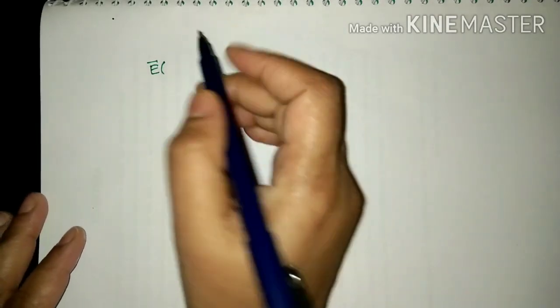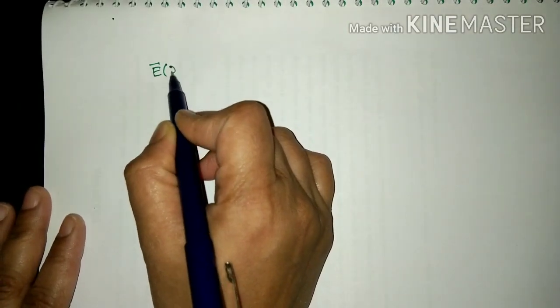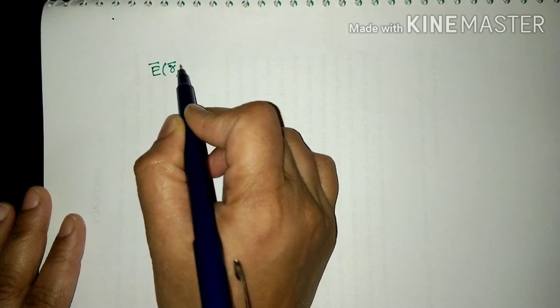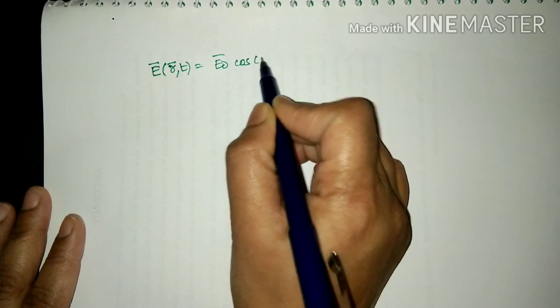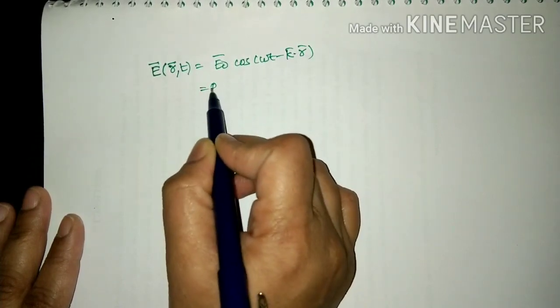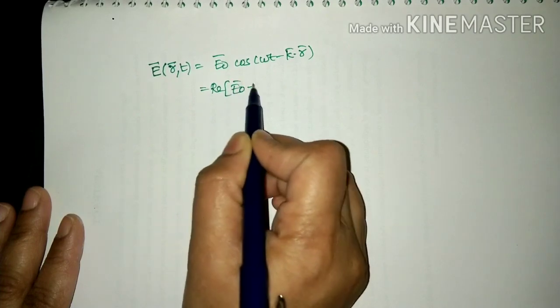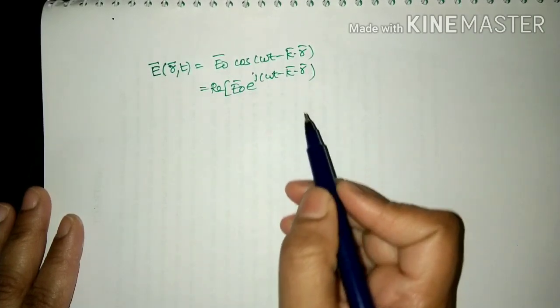Now let us summarize what we have obtained. We got the expression for the electric field for the wave propagating in arbitrary direction as E bar of r bar comma t is equal to E naught bar cos of omega t minus k bar dot r bar, which can also be represented as the real part of E naught bar into e power j omega t minus k bar dot r bar.